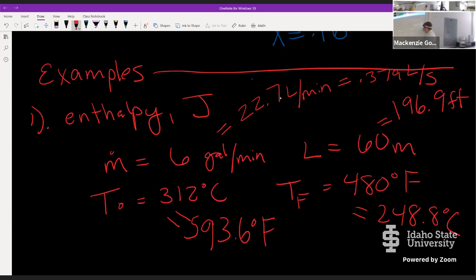So now, if you use Fahrenheit, gallons per minute, and feet, our enthalpy is going to be in what unit? BTUs.